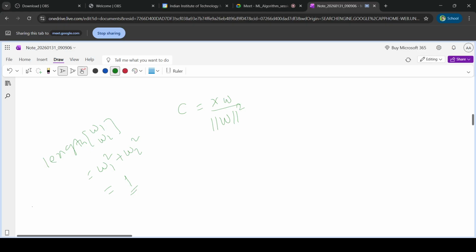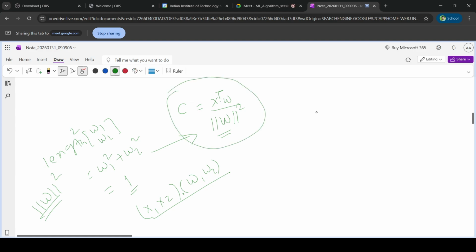We cannot simply say x1 x2 w1 w2 is the inner product, but we say x transpose w divided by w square. This is what c is, and the point is c into w. So we got c.